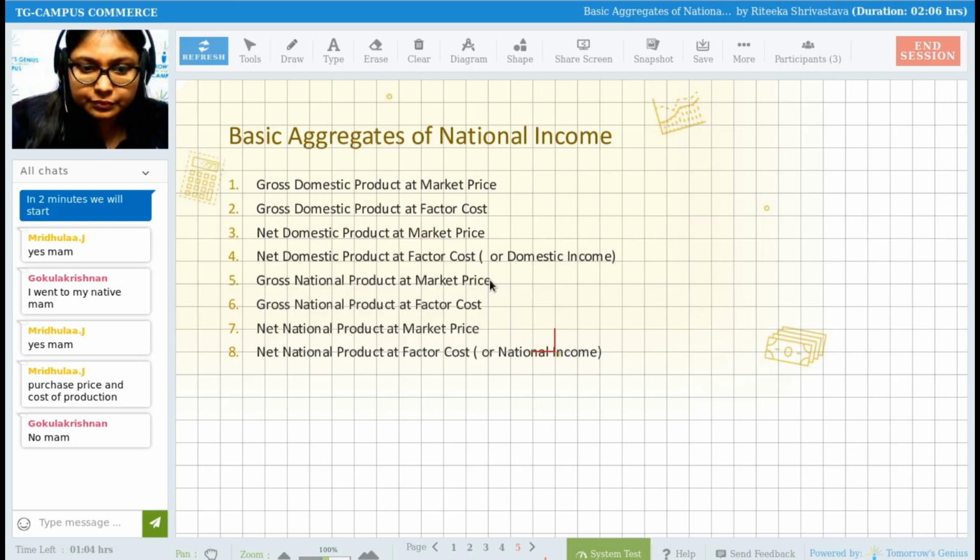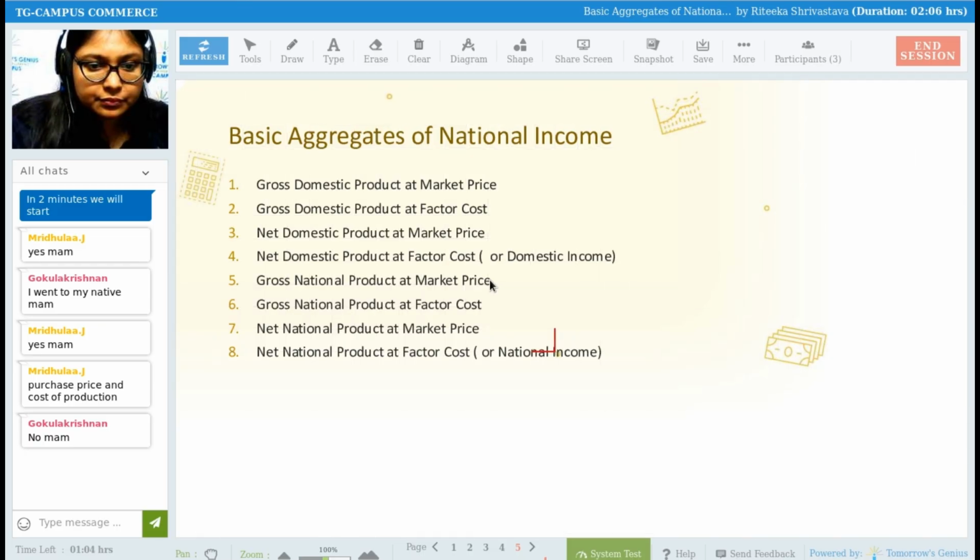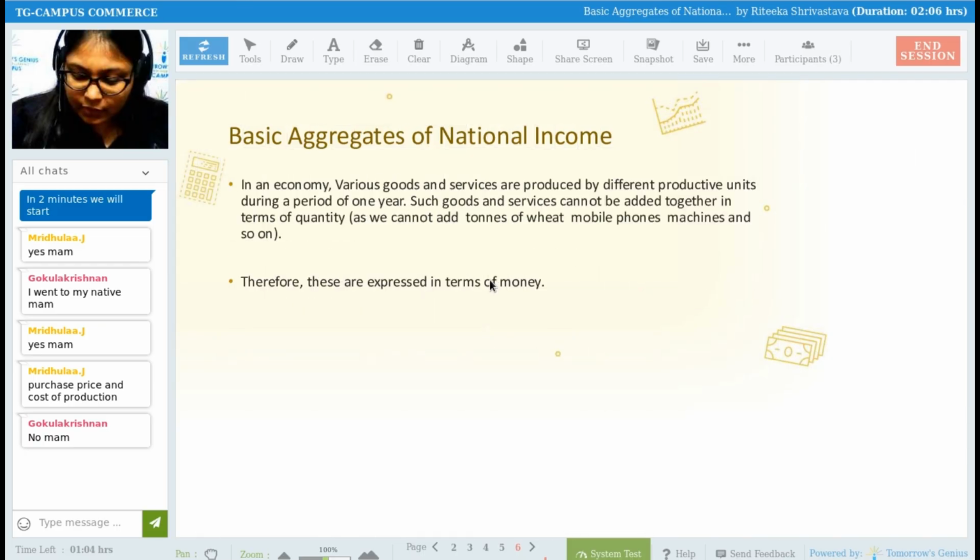Next, they say that in every economy, there are various goods and services produced by different productive units on a regular basis. Such goods and services cannot be added together in terms of quantity.